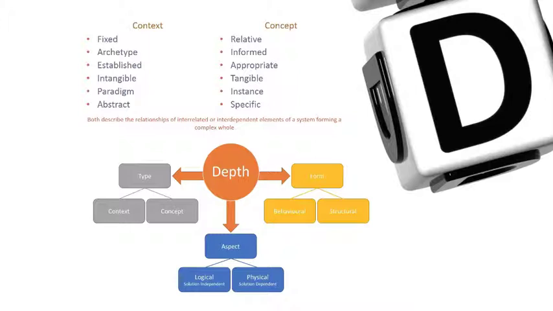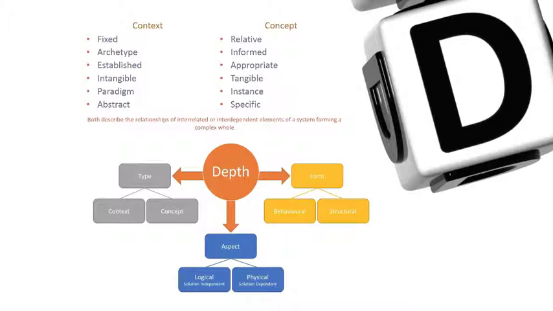Now, when we look at the concept, we're looking at something that's more relative, something that is informed, something that is specific to our needs. Think of it as an instance of the context. So, contextually speaking, this is how loans are applied for regardless.